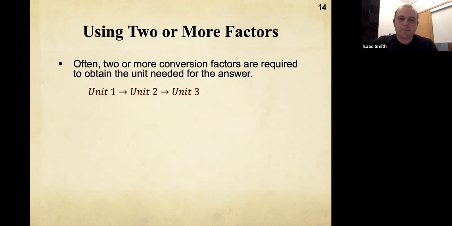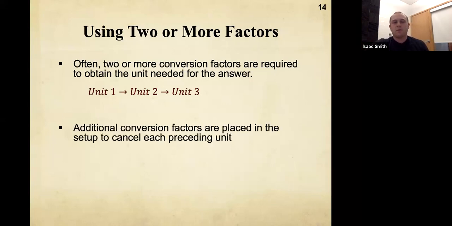All right. Sometimes as we get into the course a little more, you're going to see more confusing conversions that require you to use multiple conversion factors. So sometimes it's not as straightforward as converting feet to miles, but it's really the same process. You'll just have additional conversion factors.